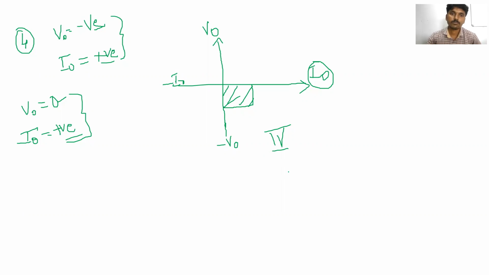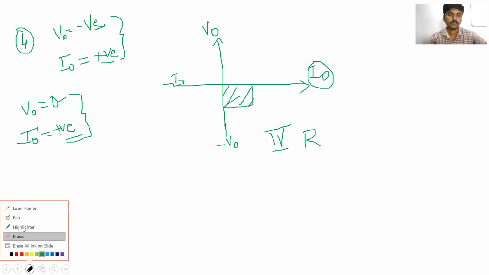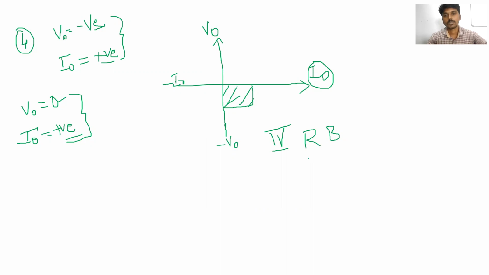I already explained multi-quadrant operation of electrical drives in the second unit. Reverse motoring. Sorry, reverse braking. Because the speed is reverse and the speed is going to decrease, braking is being applied.